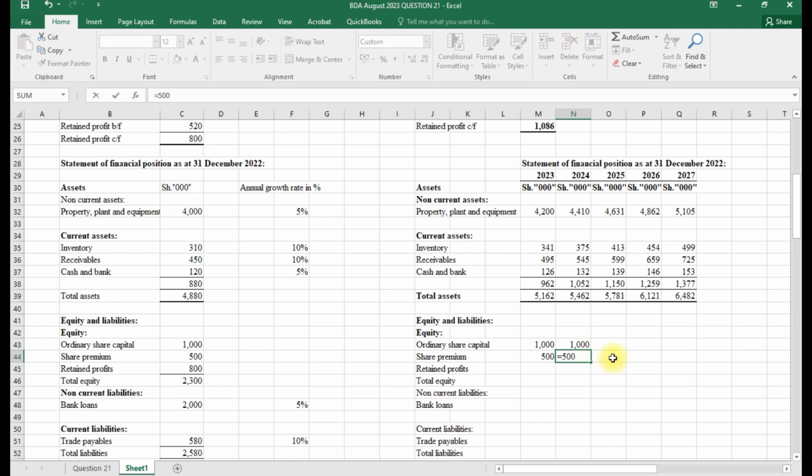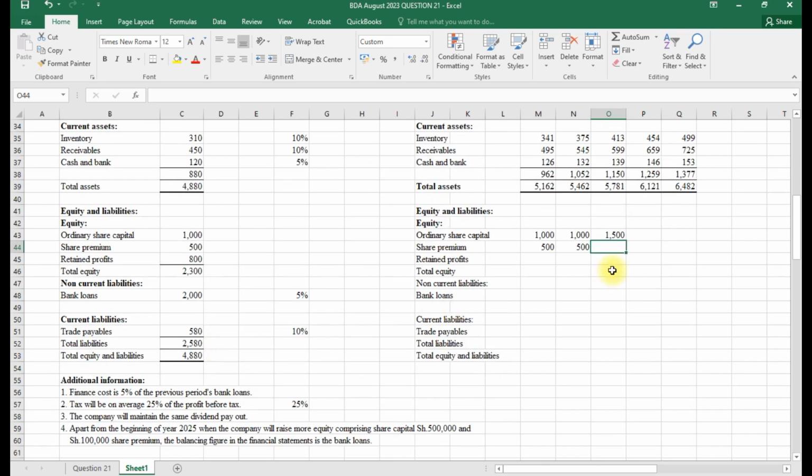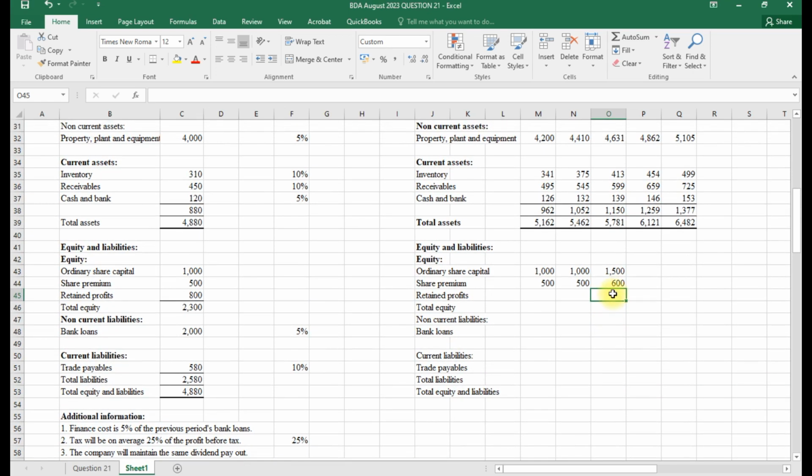But from the beginning of this year, the value will be 1,000, and we will add 500 that we shall raise. Remember, we're dealing with shillings in thousand, so we shall raise additional 500. Share premium shall raise additional 100. So it will be this value that we add, the additional share premium of 100, to get the 600. And this one now will remain fixed.